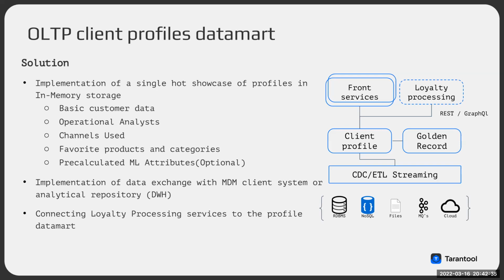We can then implement a data mart storing basic customer data, and maybe windows of change, for instance, some data that can be calculated on a window, like the average spending of a client on the event stream of transactions.